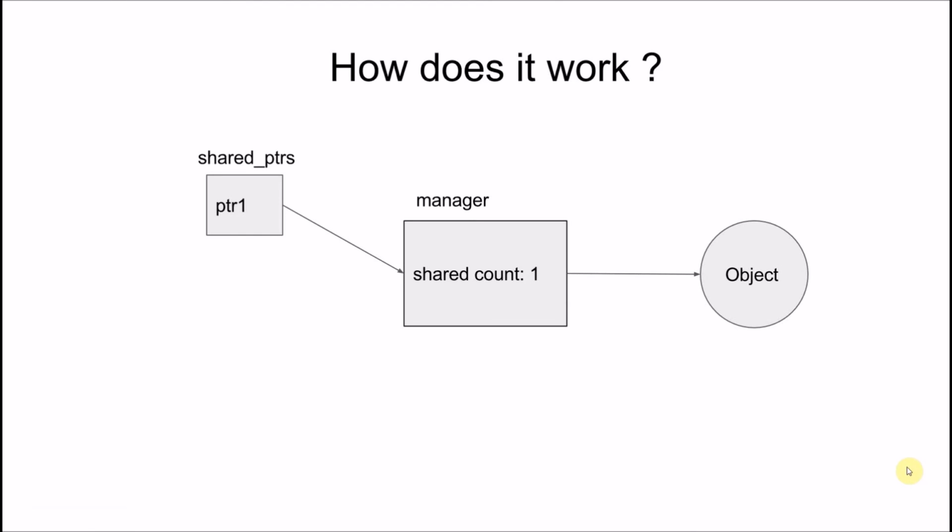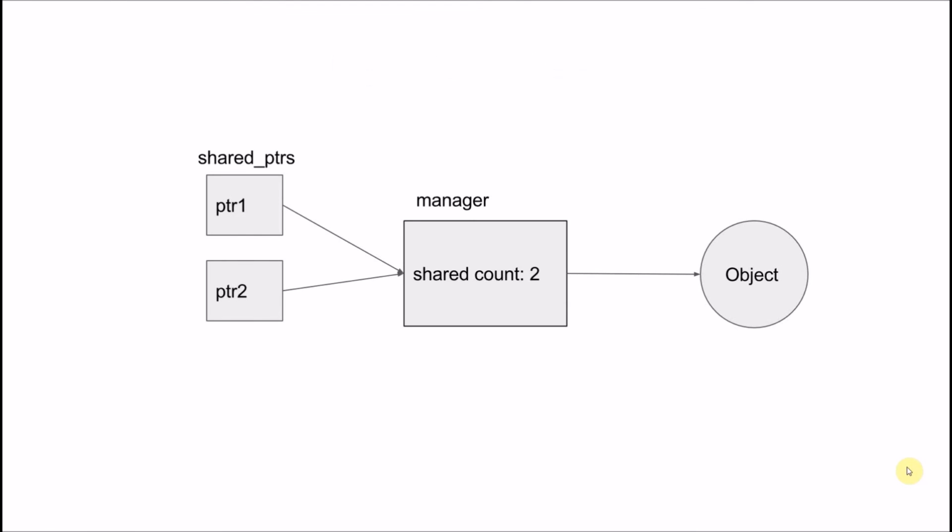During the execution I can assign more shared pointers to the same object, so now I have 2, shared count is 2. So now pointer 1 fell out of the scope, so shared count was decremented by 1 because stack object pointer 1 called its own destructor when it fell out of the scope.